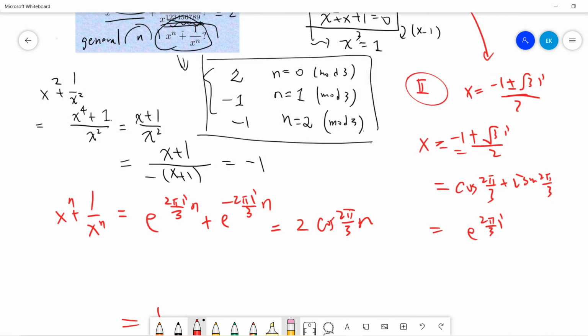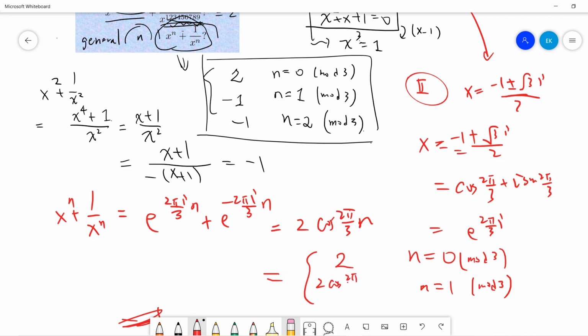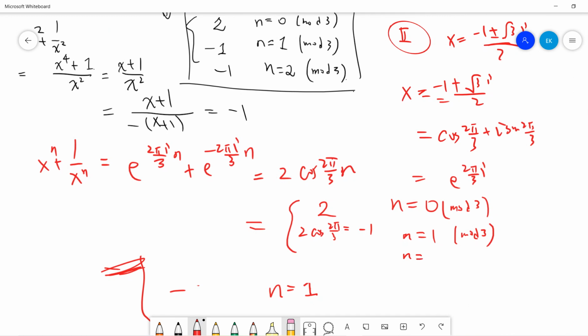Okay, right? So let's say you choose n equals 0 mod 3. Basically n is 0, you get 2, right? N equals 1 mod 3, you get 2 cosine 2 pi divided by 3, which is -1. And then for n equals 2 mod 3, you get 2 times cosine 4 pi divided by 3.